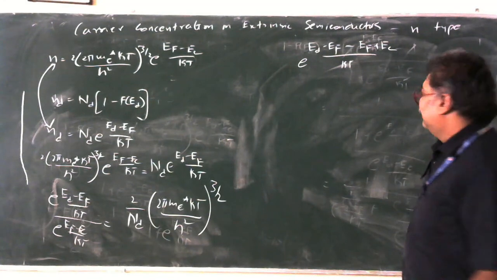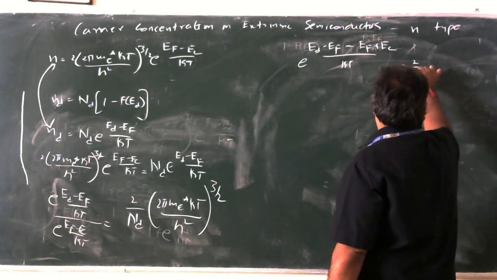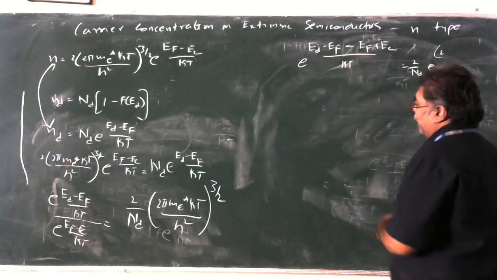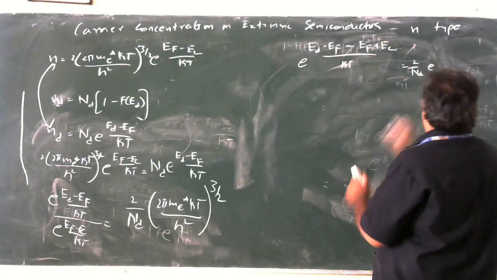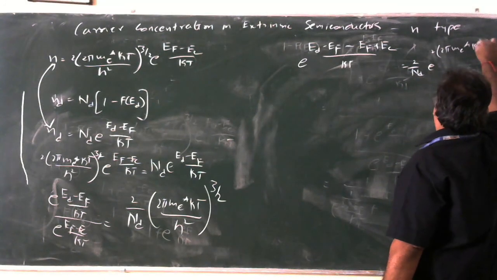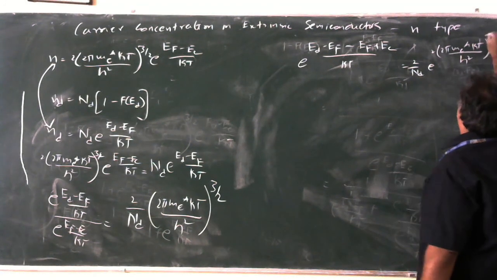And this is 2 by ND into (2 into 2 pi m e star KT by h square) whole power 3 by 2.